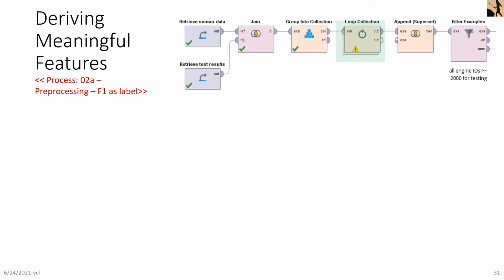Now we will try to derive some meaningful features as proposed in the previous slide, right? If you think about this, this is actually a more complicated flow. Why? Because this is a two-stage classification problem. The first stage is to forecast some values.